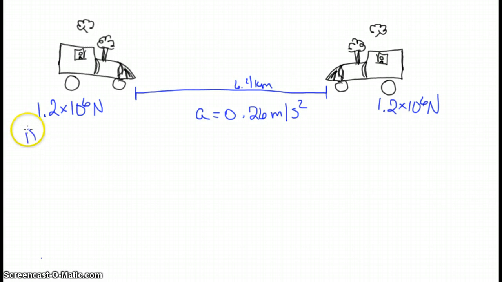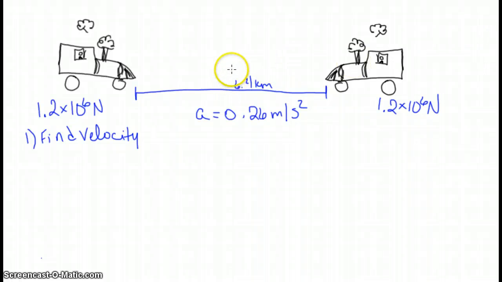So first we need to find the velocity. Now this would be just before the collision. Now what's going to happen is that each of these locomotives is going to travel half of this distance. They have the same acceleration. They're each going to cover 3.2 kilometers before the actual collision takes place.